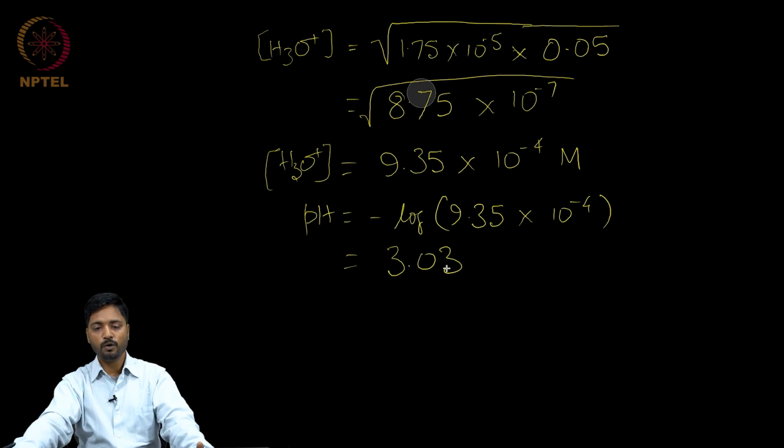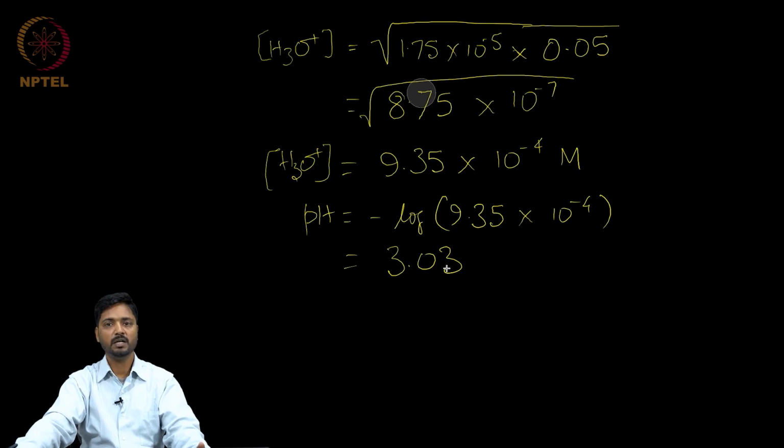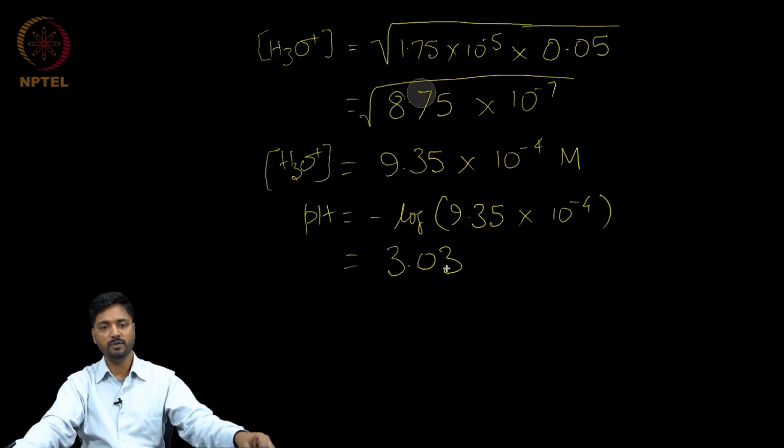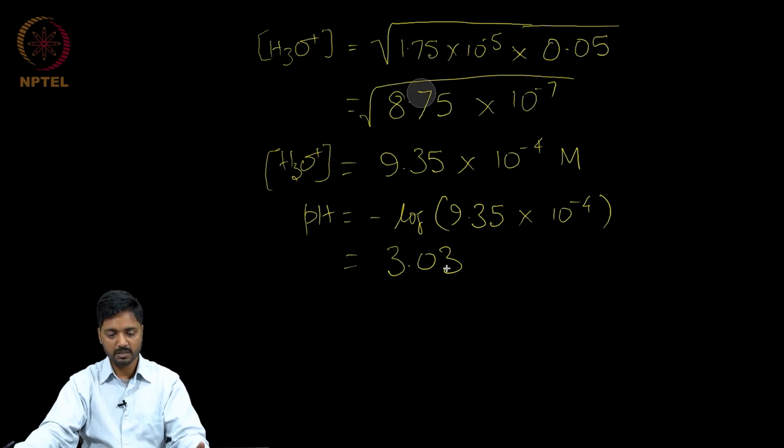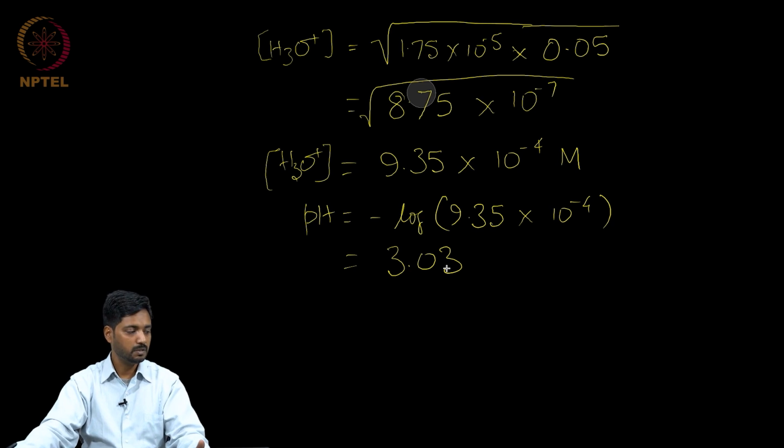So, as we can observe here, when we are taking a weak acid, the initial pH is already 3.03, and now let us see what the pH value is when we start adding the sodium hydroxide into this medium.